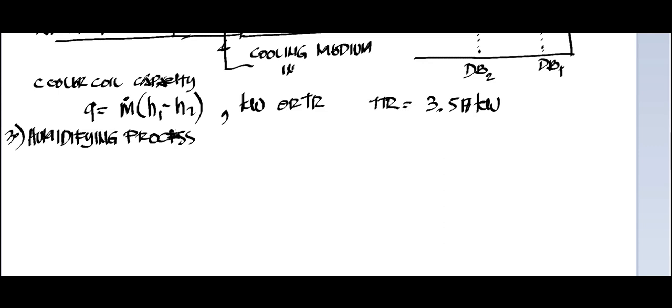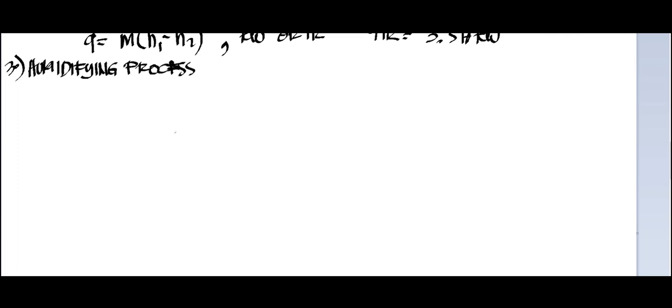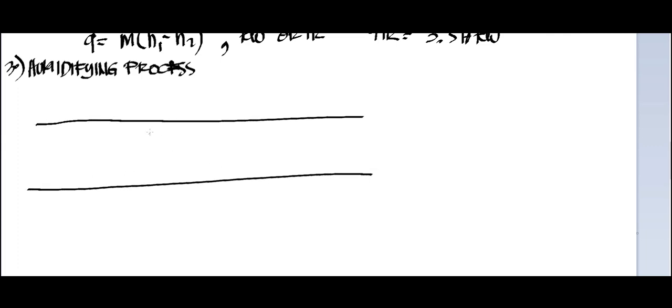So the process is represented in the chart by a vertical line upward. And the application is different from the previous, since we have your duct here. So we have your air entering here.